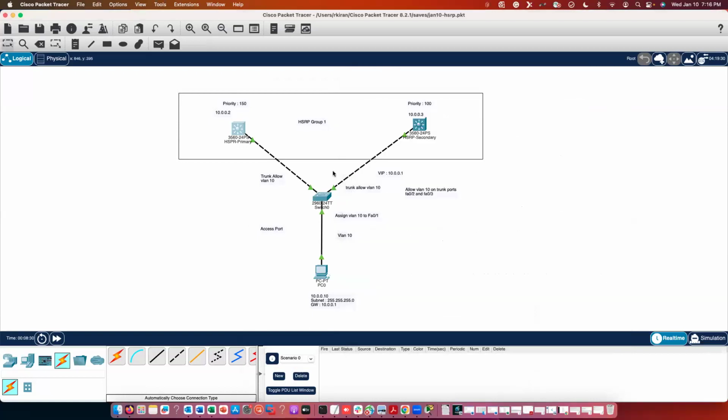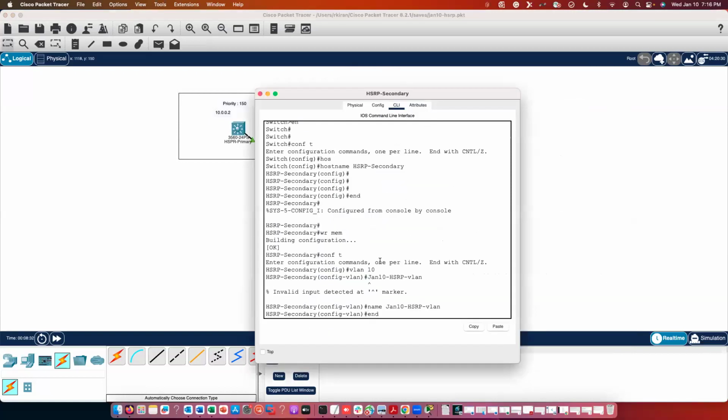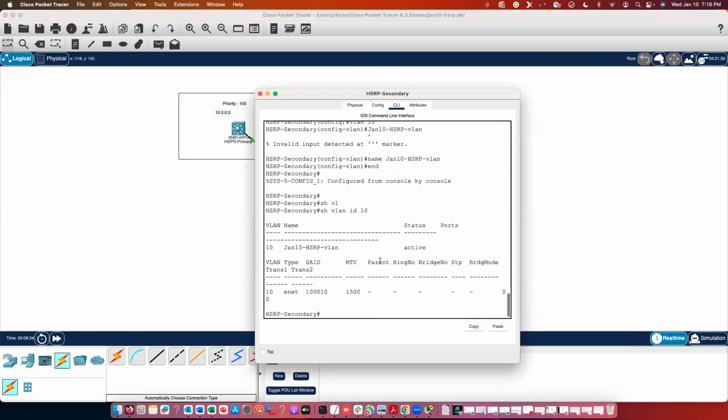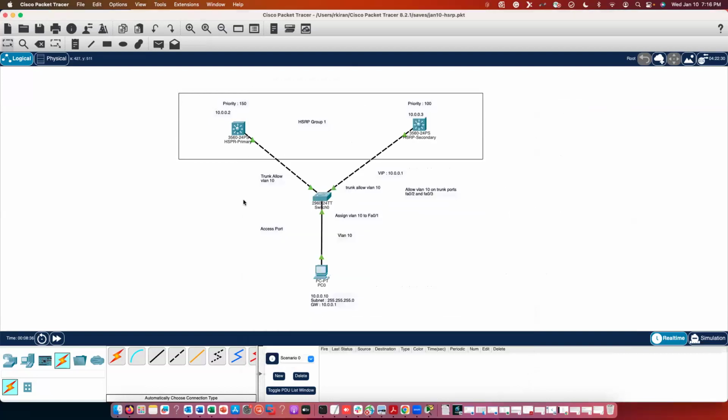Okay, this is there, and also I have to do show VLAN ID 10 here. Okay, this is there. So now this port should be the trunk port, and this port should be the trunk port. So now trunk VLAN 10 on FA0/1.